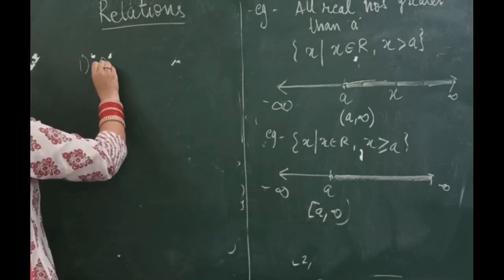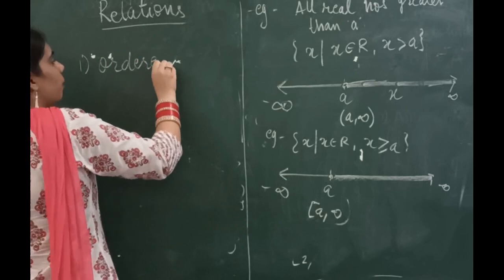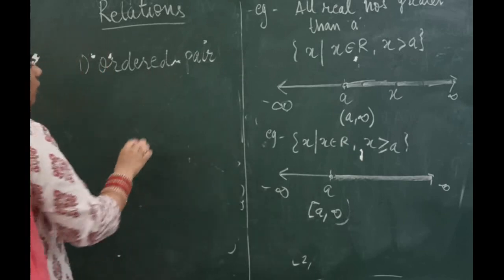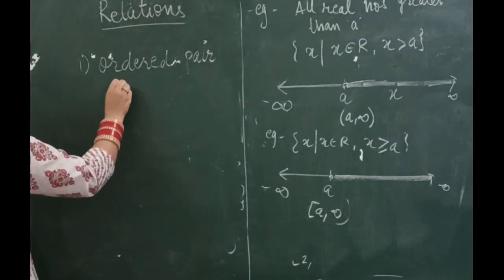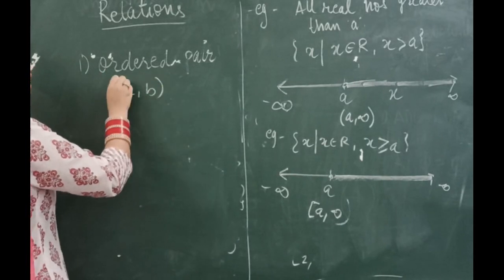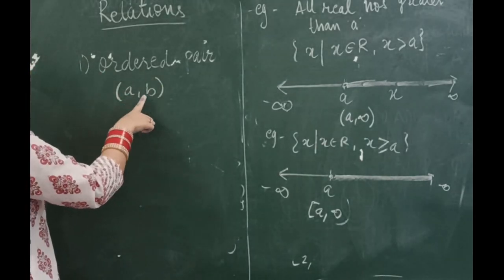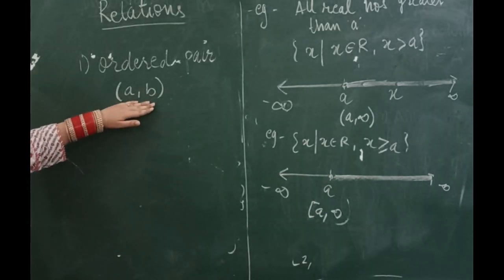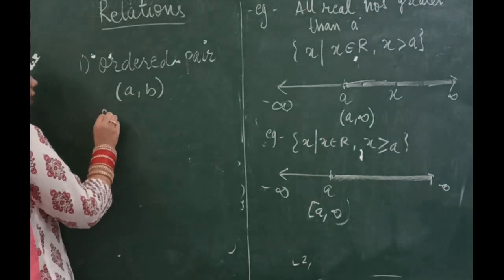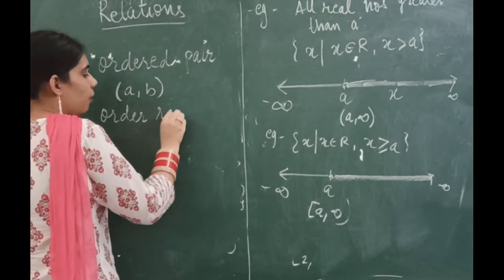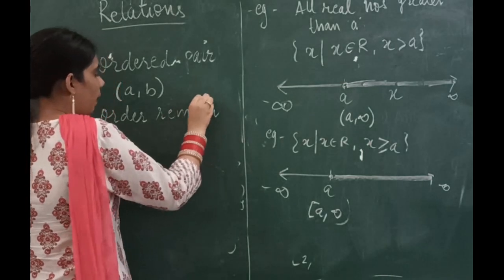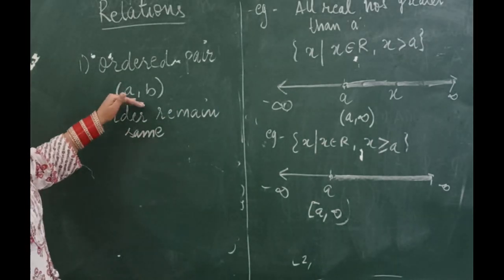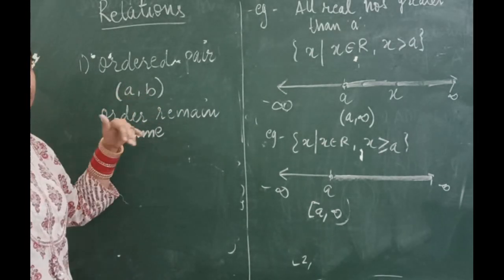So before doing relation, we have to do one concept, that is ordered pair. So as the name suggests, what is an ordered pair? For example, I take two elements A and B. So A and B will be known as an ordered pair if their order remains same and the order in which they exist is important.